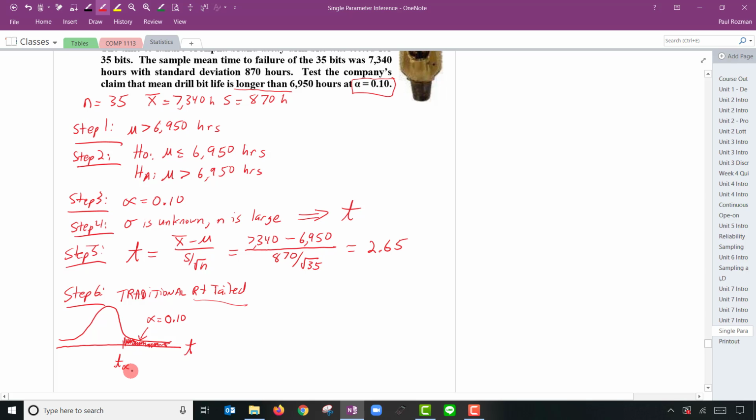And now we just need to figure out what this t-score is. What t corresponds with an area of 10% when the degrees of freedom are 35 minus 1, which is 34. So we're going to look in our t-table under 34 and alpha is 0.1. Let's take a look at that.